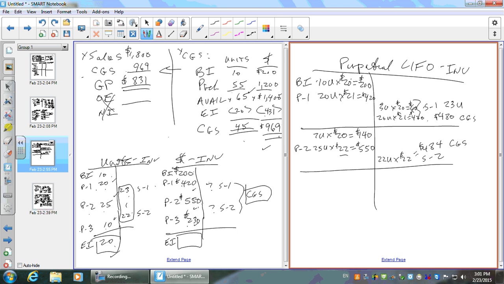Brilliant. Okay, what's left? 2 layers. What do I have left, you guys? How many units do I have left? I had 32 available and I just sold 22. How many do I have left? 10. Okay, and I'm just going to try to figure out which ones. What do I have left? The 7 from the beginning inventory. I never depleted that layer, is what we'd say. That's 140 bucks, isn't it?